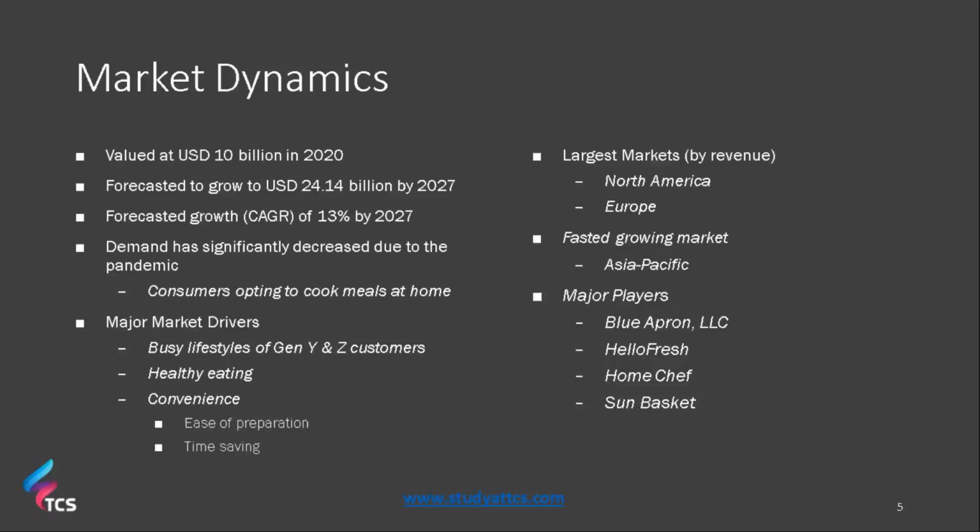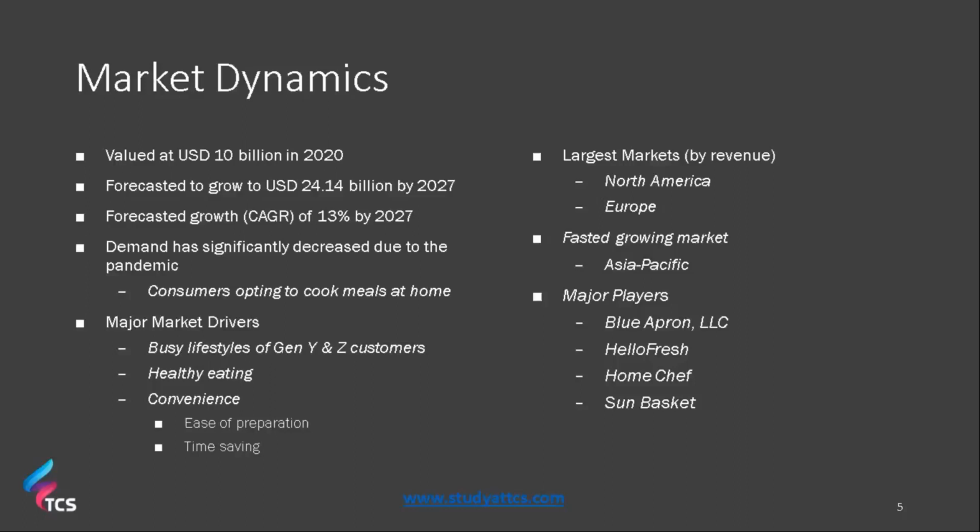And when it comes to convenience, the customers are looking for ease of preparation as well as time saving when it comes to cooking. So the largest market by revenue is North America and Europe. However, the Asia Pacific market is growing rapidly.